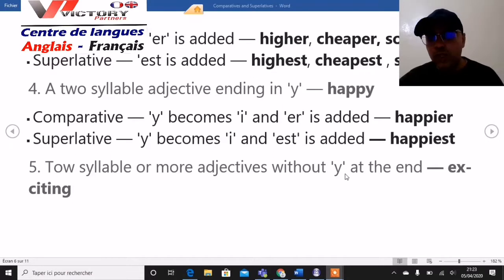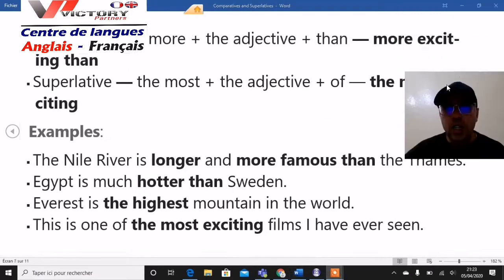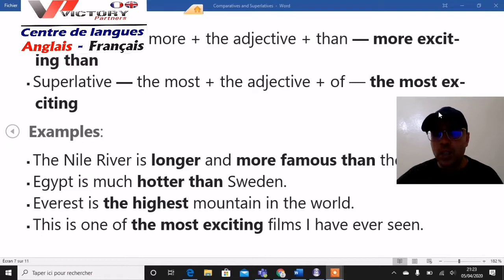Two-syllable or more adjectives without Y at the end, for example, exciting. So this is a long adjective that contains two or more than two syllables. So let's see how we form the comparative and the superlative.